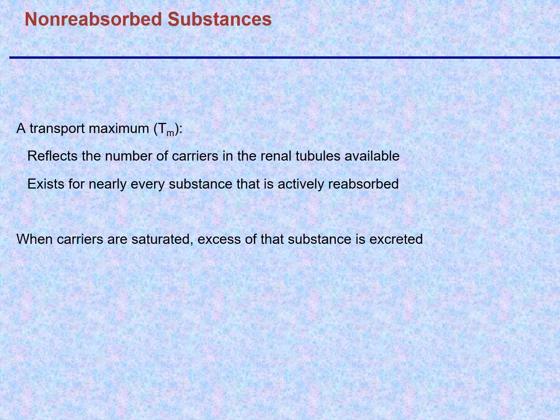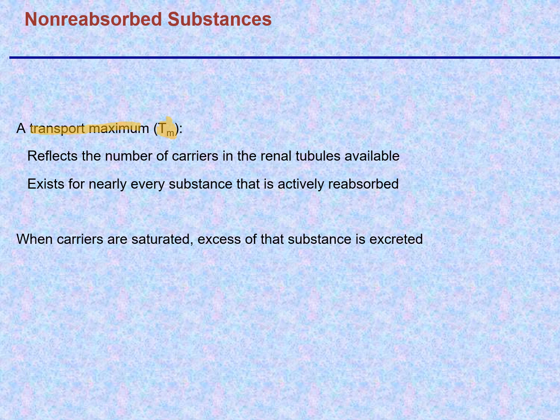There are some molecules that don't get reabsorbed, or their ability to be reabsorbed can become saturated so that you can't reabsorb anymore, and anything past that level gets excreted out. So everything that does get reabsorbed has what's called a transport maximum, or TM.